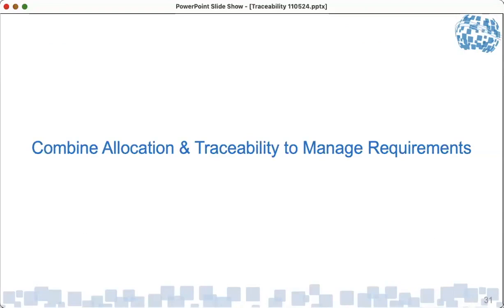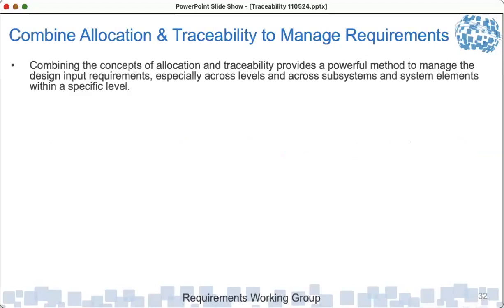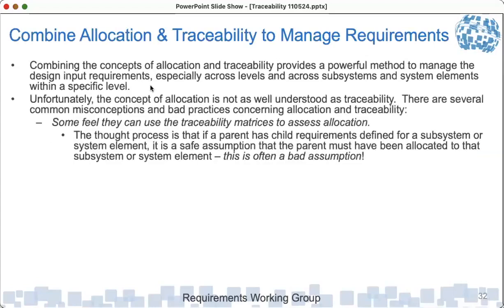Sadly, a lot of organizations don't do this, which can result in defects within our sets of requirements. Combining the concepts of allocation and traceability provides a powerful method to manage our design input requirements, especially across levels and across subsystem and system elements.